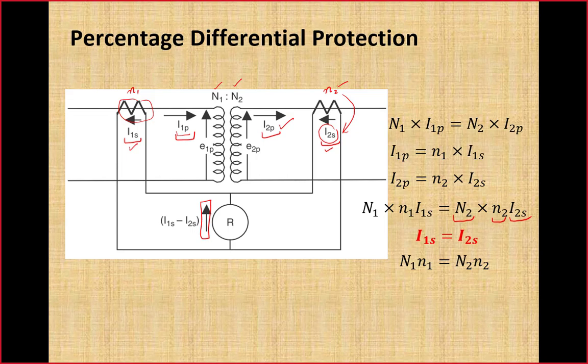So in order to satisfy the condition that I1S is equal to I2S, N1 into CT ratio on the winding 1 side must be equal to the number of turns of the secondary winding into the CT ratio over there. Once it has been satisfied, ID, the difference current, will be equal to 0.